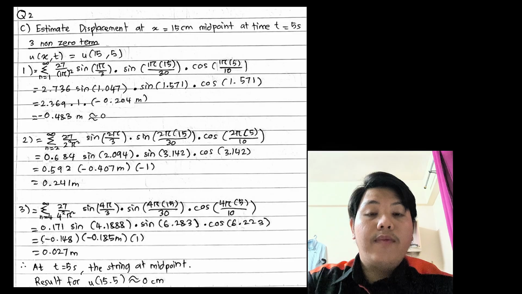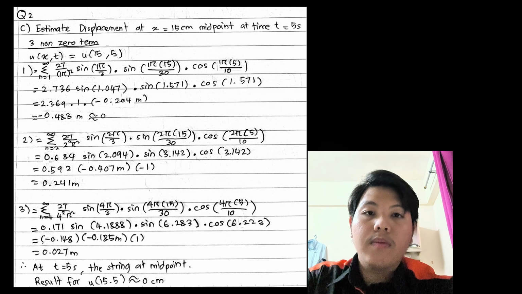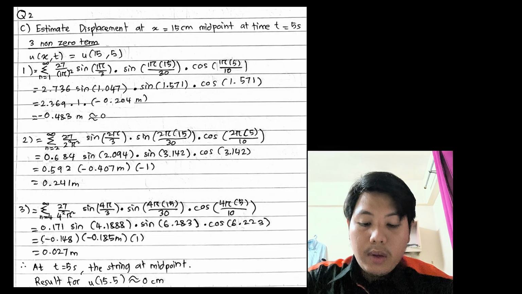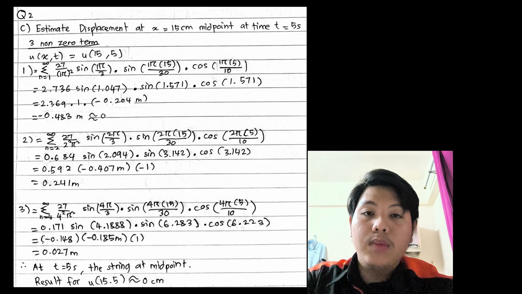So u(15,5) equals the sum of a_n times sin(nπ/2) times cos(nπ/2). For term 1, we substitute n = 1 and we got negative 0.483 meter.